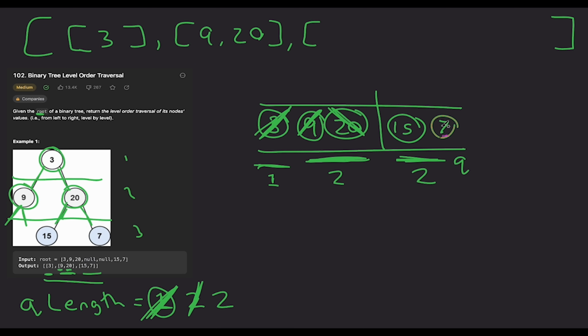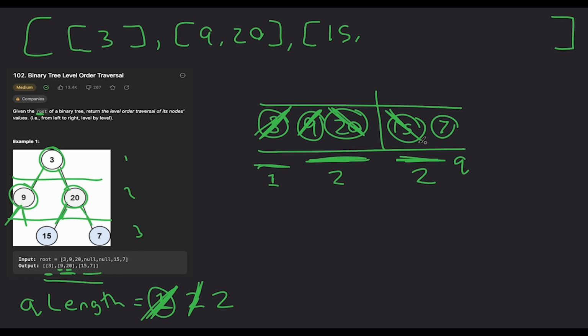and then we begin with our for loop. We're going to iterate 2 times for our 2 nodes here, right? And we start with 15. So we add 15's value to our subarray, and we add 15's left and right nodes to the queue as long as they are not null, but they are both null, so we don't do anything there.